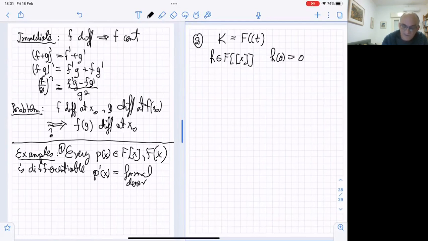It's not hard to see that, maybe this was even done in one of the classes on transseries, if you look at the neighborhood of 0 of all the elements whose valuation is greater than 0, then h actually gives rise to a function from U to U, which is well defined.